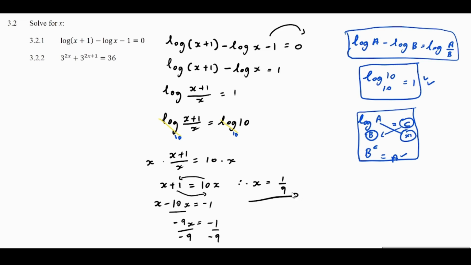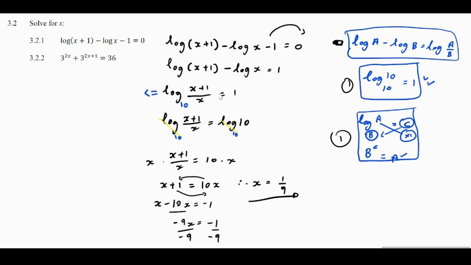The key thing you need to remember here is this rule, and you can choose one of the two methods; they still work out the same way. If you were to change this into exponential form, remember the base here is 10.